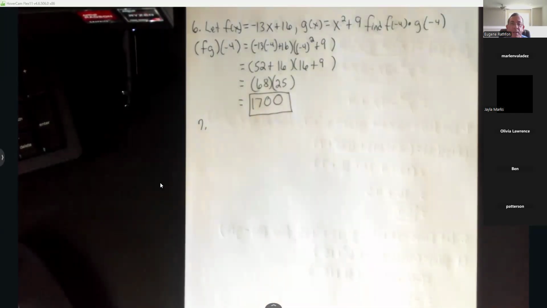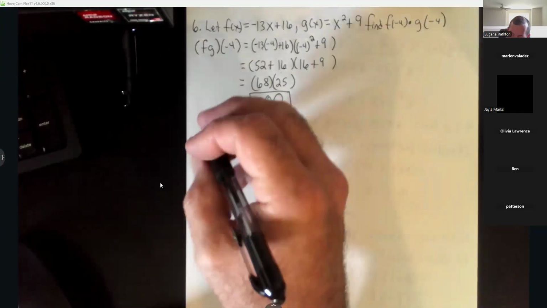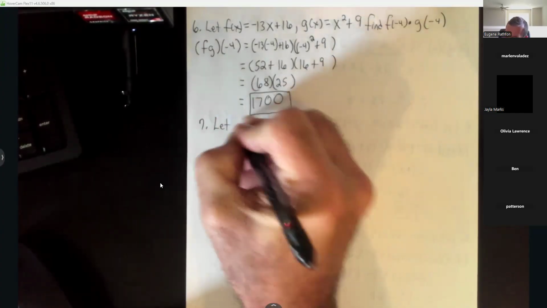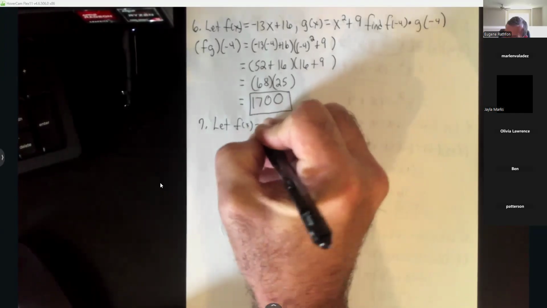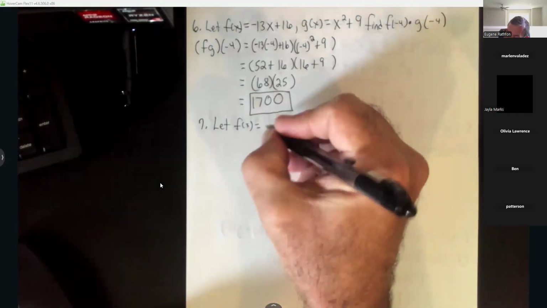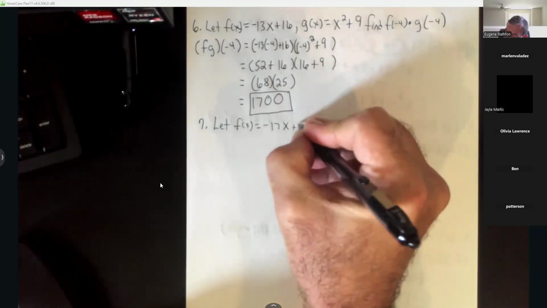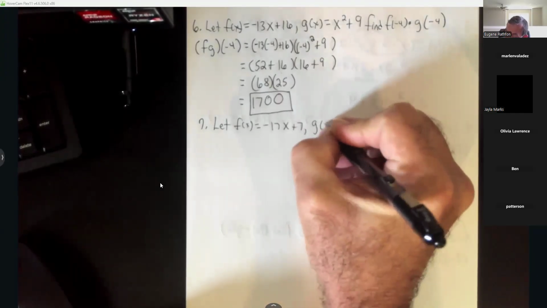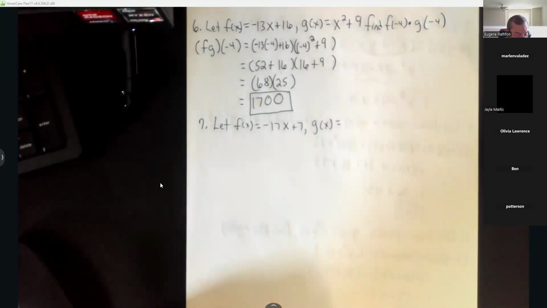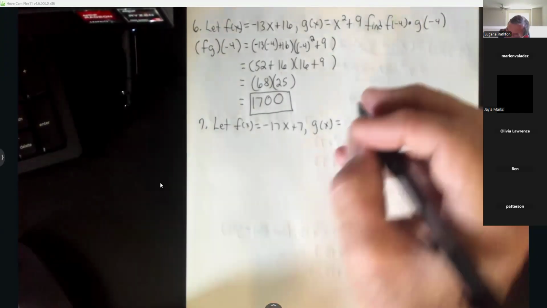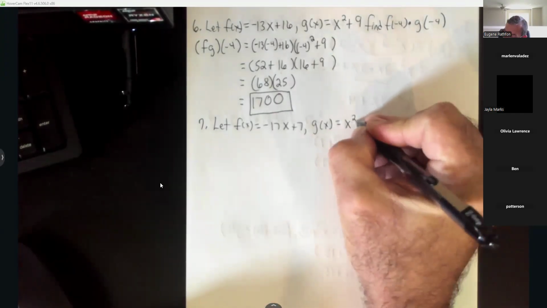So this one's a little bit of division. We're going to let f of x equal negative 17x plus 7. G of x will equal x squared plus 9.